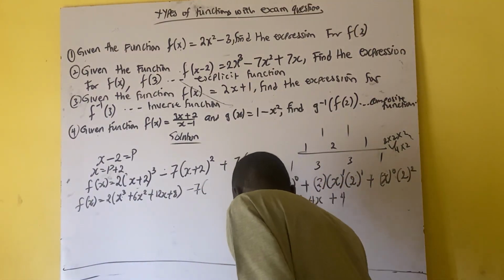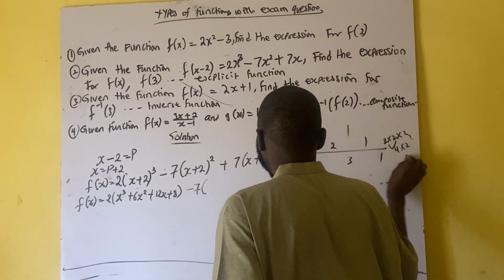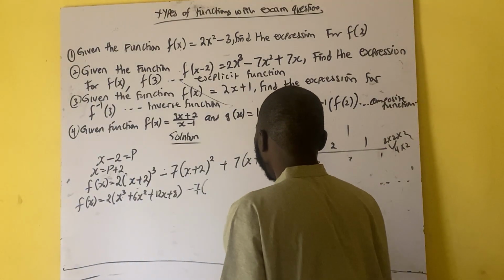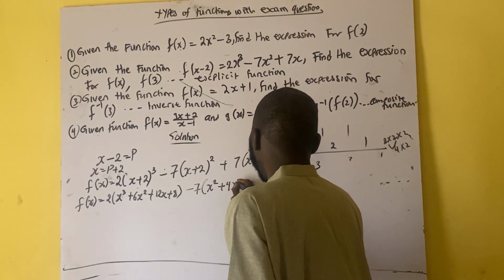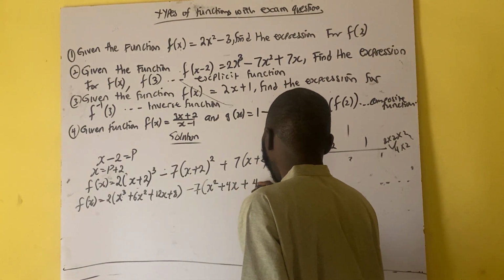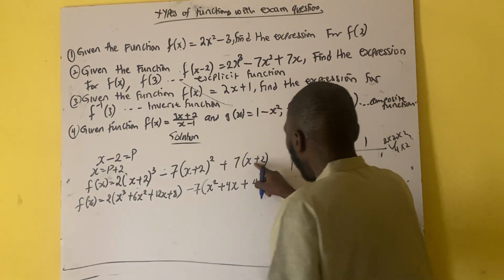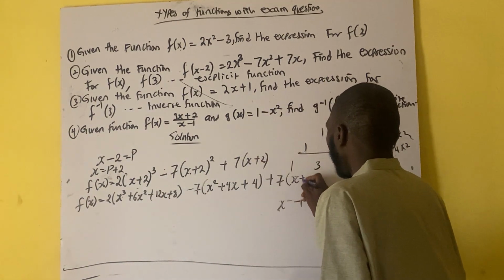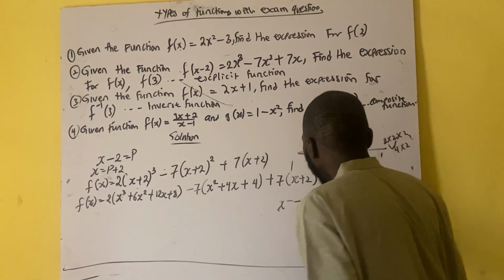Then I will have my x square plus 4x plus 4. I'll have it there. Then plus 7, what I have in this case, x plus 2. So close my bracket.